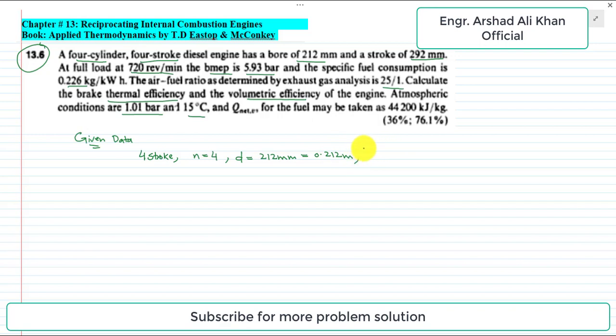L is the length of stroke, capital L is 292 millimeter, which is 0.292 meter. Engine speed is given, capital N, 720 RPM, or if we convert it to RPS, we divide it by 60, so it will be 12 RPS, revolution per second.